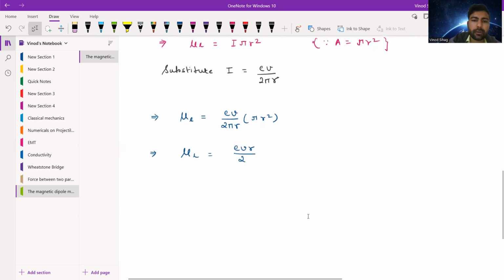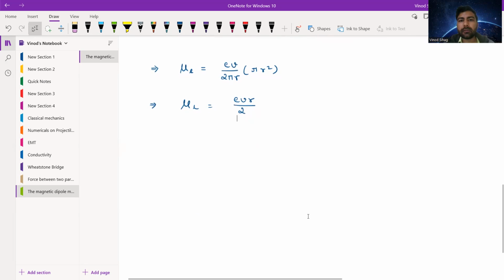Now we are interested in converting this into the angular momentum. So how can we convert?